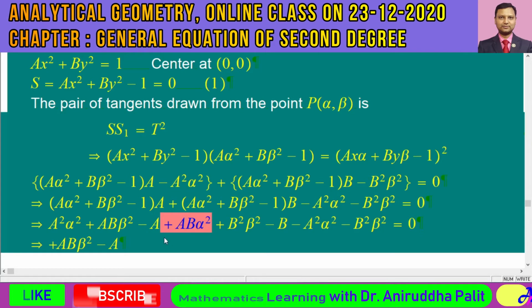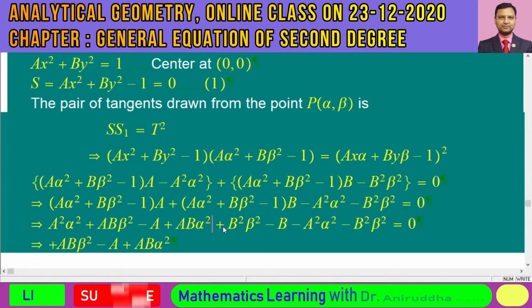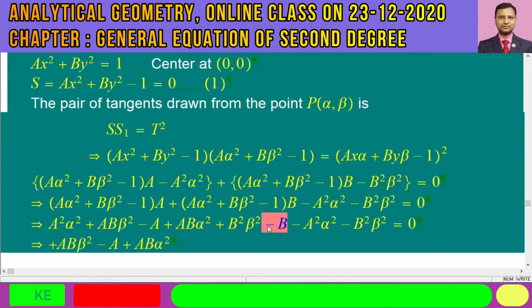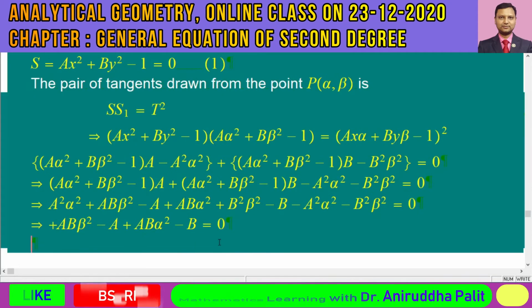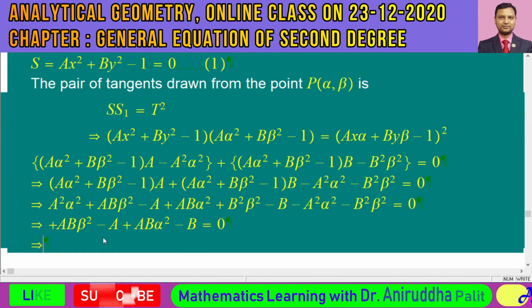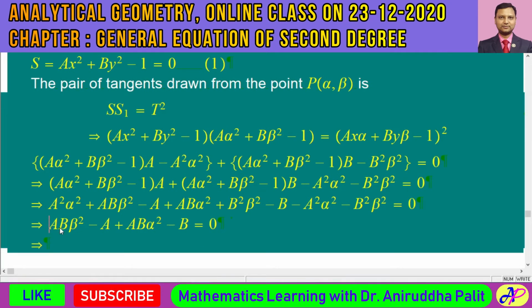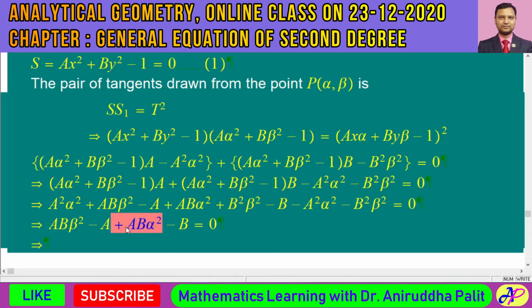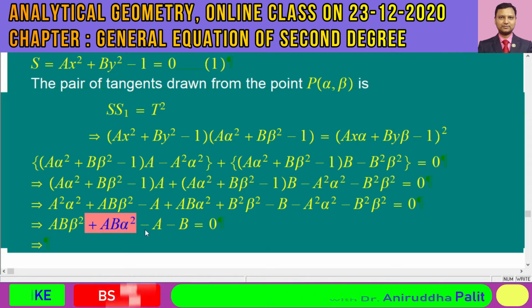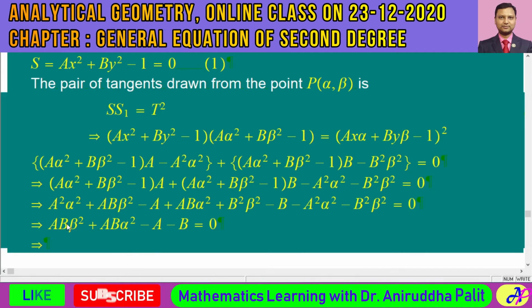This term will get cancelled with this expression. Only minus b would be present, is equal to 0. We just rearrange these two terms: AB can be taken common from these two terms.